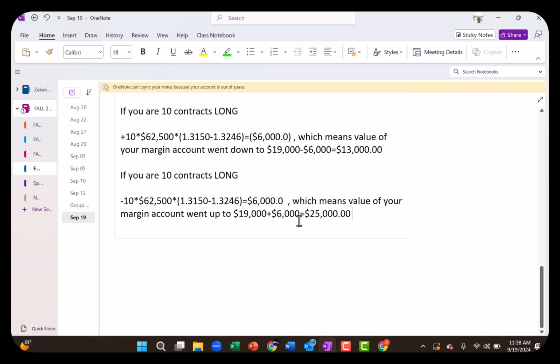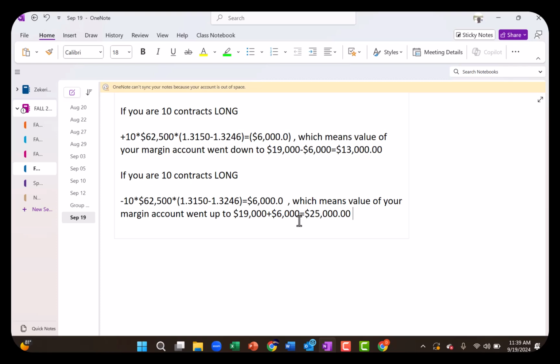If you have more money in your margin account than is necessary, the initial margin, you can actually withdraw that. Because to keep this position, I need to keep only 19,000, right? If I don't want to close this position. So I can withdraw that 6,000.